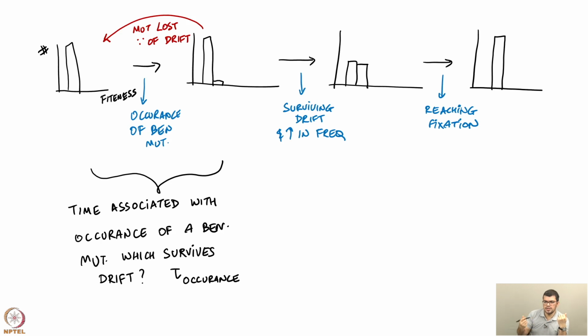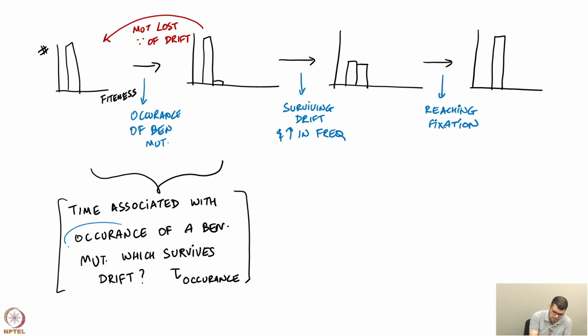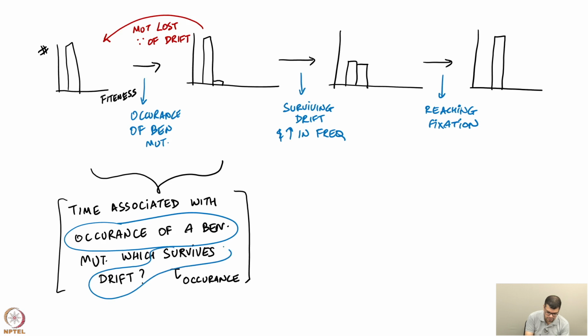Because remember that for this event to happen, 2 things need to happen. One is that there is waiting time associated for a beneficial mutation to occur in the population, and second is that beneficial mutation will more often than not be lost because of drift, and hence after occurrence I have to wait for this beneficial mutation to survive drift. So, even within this there are 2 things that we are looking at. First is occurrence of a beneficial mutation, and secondly that beneficial mutation has to survive the action of drift.